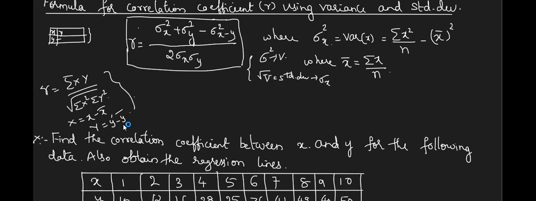By taking the square root. Suppose A is the answer for sigma square x; take the root of that and you get sigma x. This is for the X series.